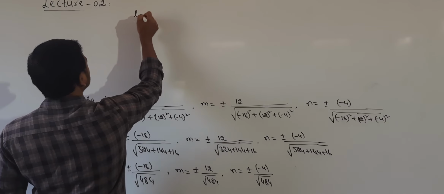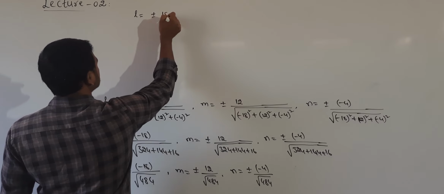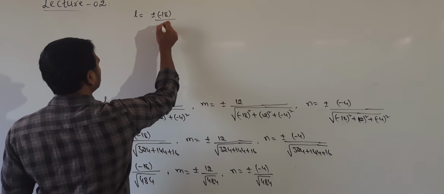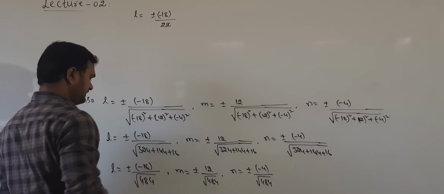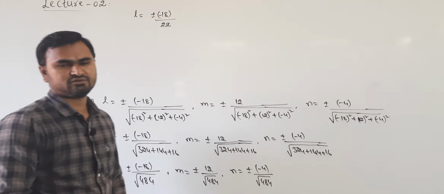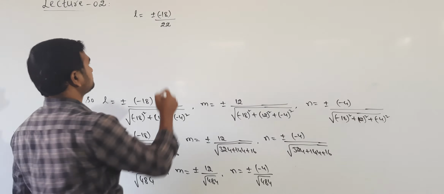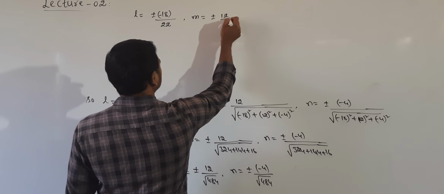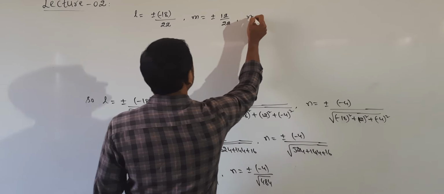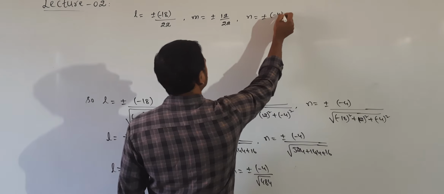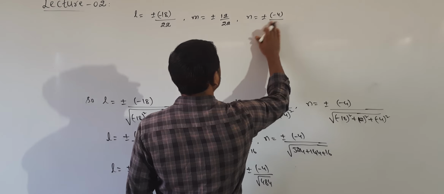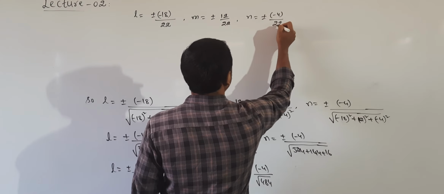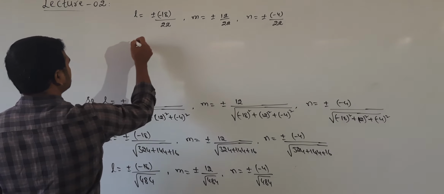L is equal to plus or minus minus 18 divided by 22. The square root of 484 is 22. Next, M is plus or minus 12 by 22. N is plus or minus minus 4 by 22. So 2 can be cancelled.